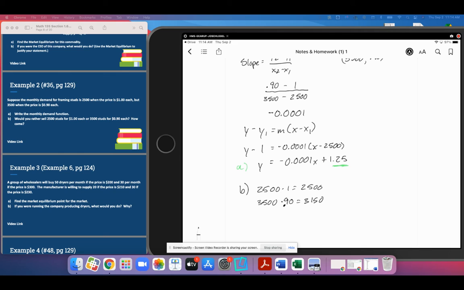And so the piece that is missing from this conversation is cost, and we would have to be very careful to make sure that we are not making costs go super high in order to produce these things. But to simply answer this question, I would rather sell 3,500 at 90 cents each, because we would end up making more money doing so in this model.